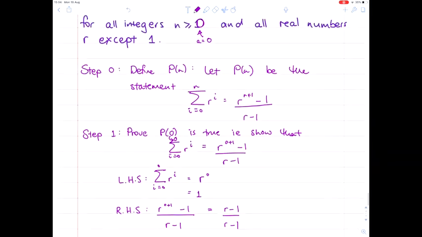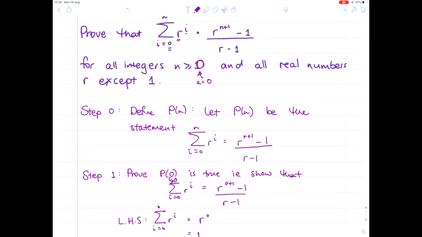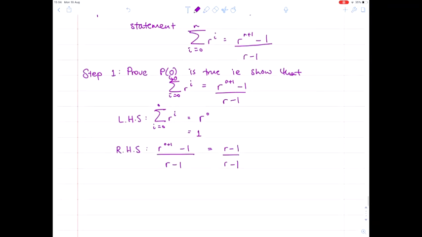And now you see why it's important that we have all real numbers except 1, because if r is equal to 1, then we'd have 0 over 0, and we don't know what that means. But since r is not equal to 1, because we specified that we're not proving this for r equal to 1, this is just equal to 1.